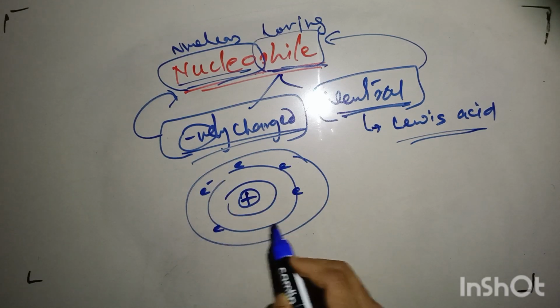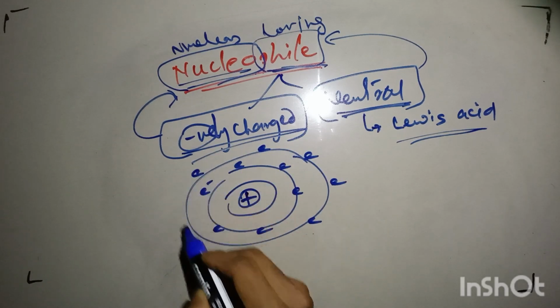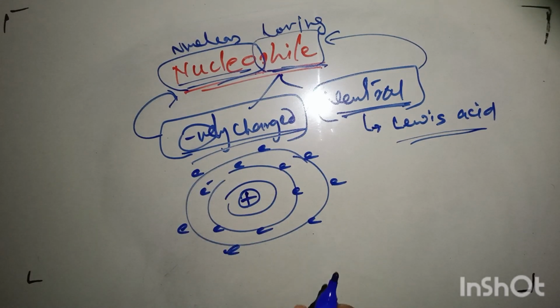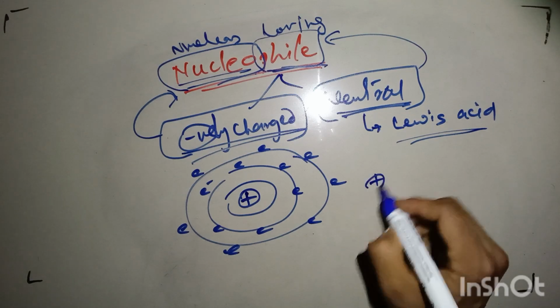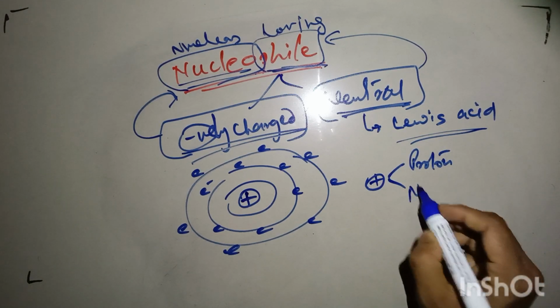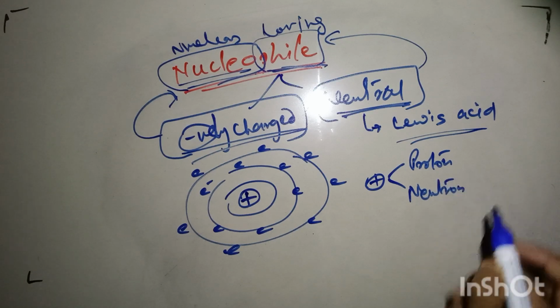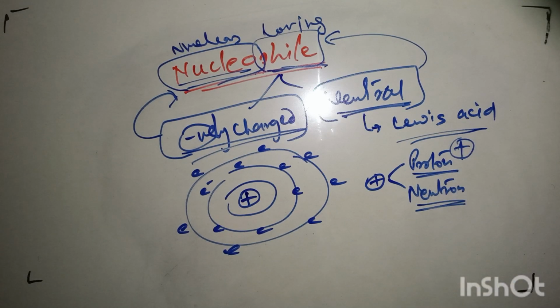Is this nucleus positively charged or negatively charged? This nucleus is positively charged. What are present in the nucleus? Proton and neutron. The neutron is neutral, but the proton is positively charged.